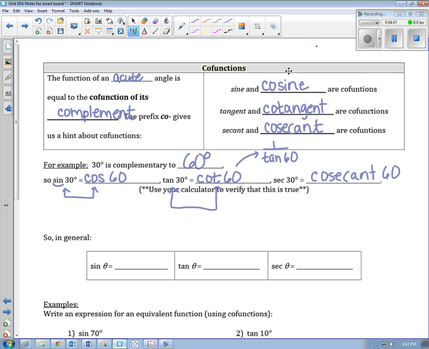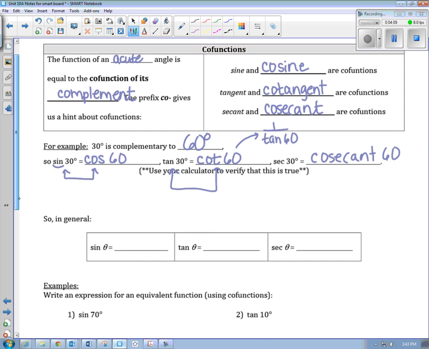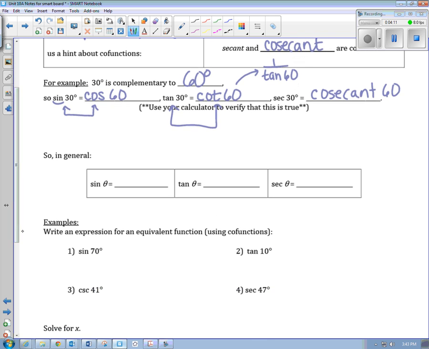So if we were to take this information and write it in a general form, which you see in the next section, the sine of theta will be equal to the cosine of 90 minus theta. These two angles are complementary.